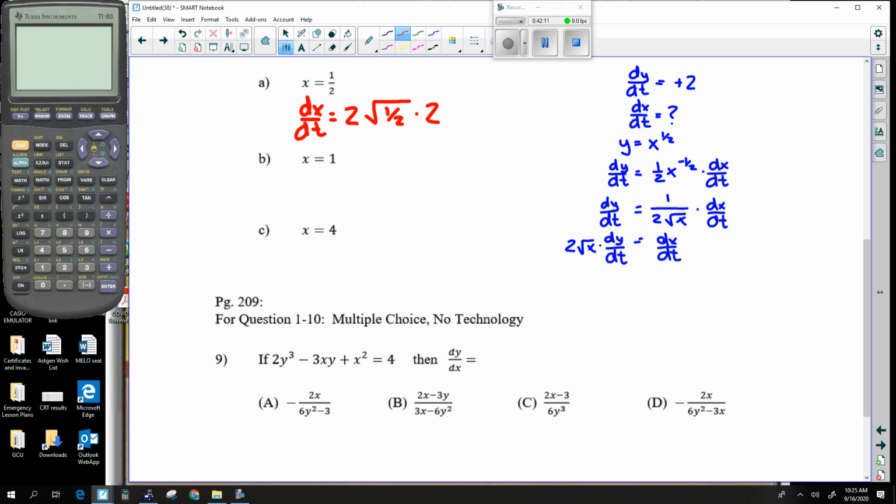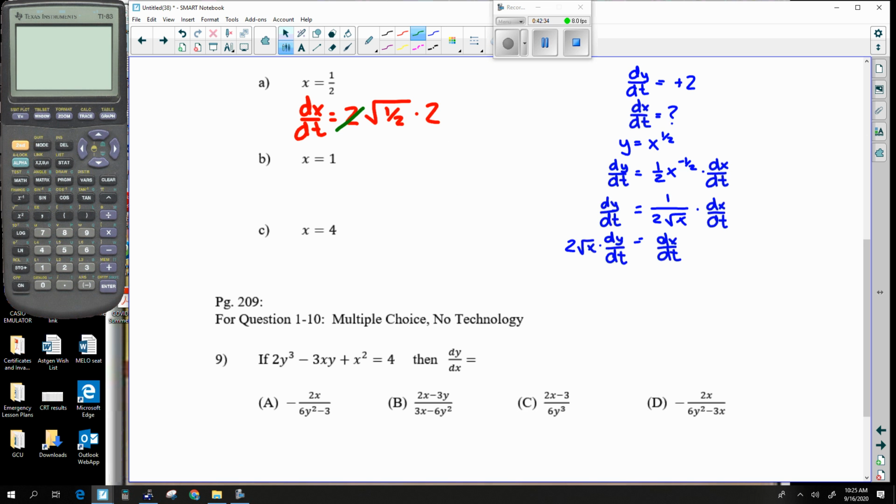So the square root of 1/2, I'm just going to think on the side here, square root 1, square root 2, 1 over square root 2, which is square root 2 over 2. So if I'm multiplying that with a 2, that eliminates that, leaving a square root 2 and that second 2 that is there.